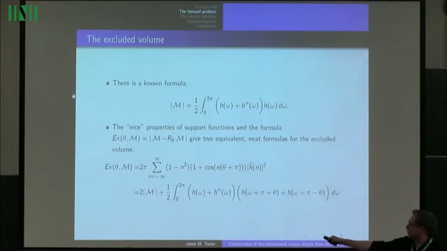Then the 1 minus n squared, this is really h plus h prime prime in Fourier space. And then this sort of shift of the Fourier coefficient, shift of your function, becomes represented in this expression here. So what we have is that if we have the Fourier expansion of the support function, then we can very, very quickly and easily get the Fourier expansion of the excluded volume.